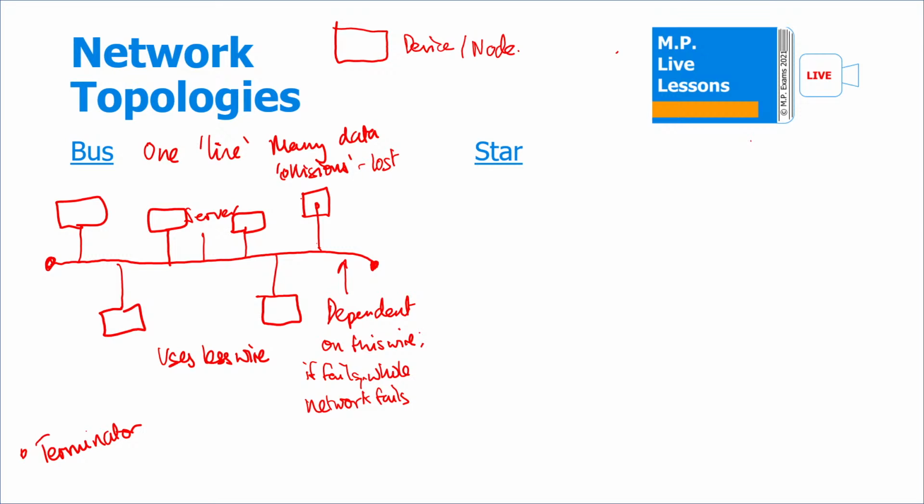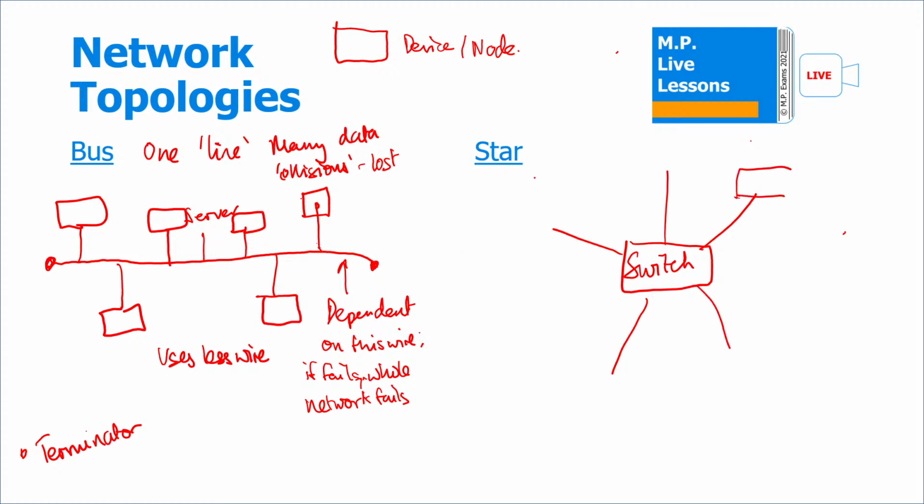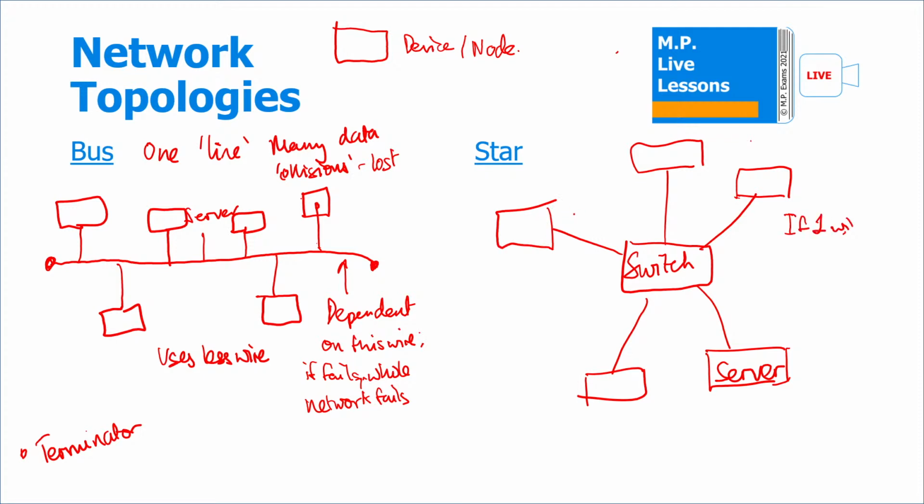Whereas with the star, you'll have the switch in the middle, and then it will just branch out to all the devices. So if one wire fails, only part of the network fails.